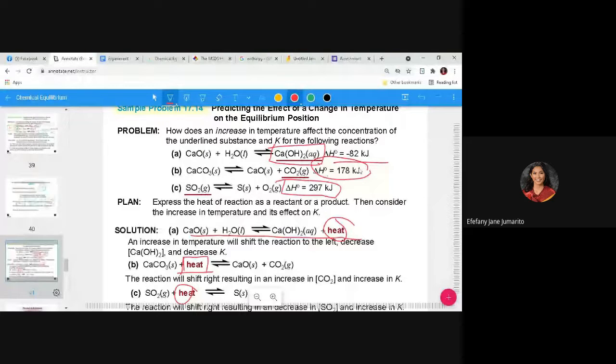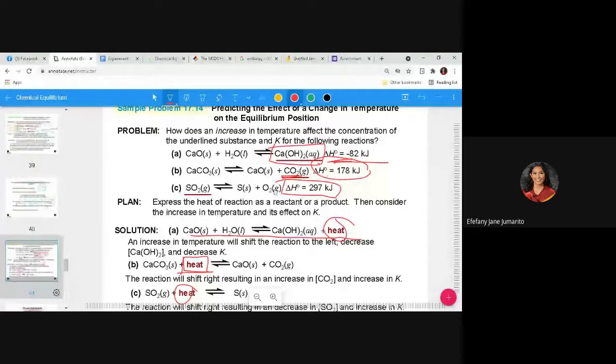When we have an exothermic reaction and increase the temperature, it will decrease calcium hydroxide, and the equilibrium will shift to the left.